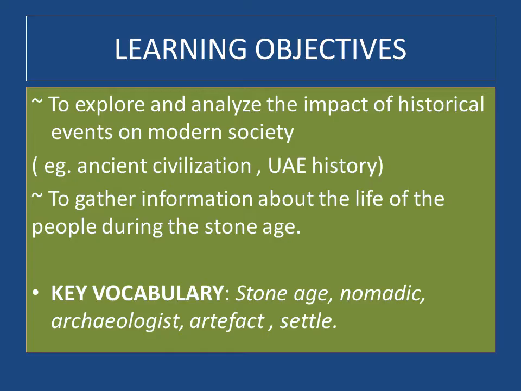Moving on to the key vocabulary, children: Stone Age, nomadic, archaeologist, artifacts, and settle. So these are the key vocabulary which we'll come across in this lesson. And by the end of the lesson, surely you will know all the meanings of these words.